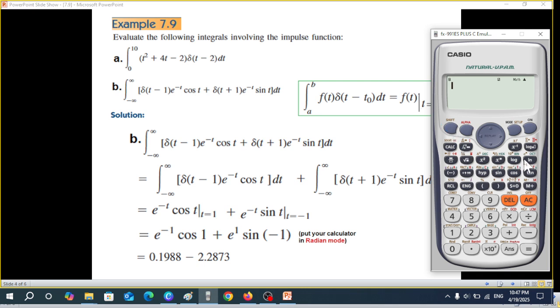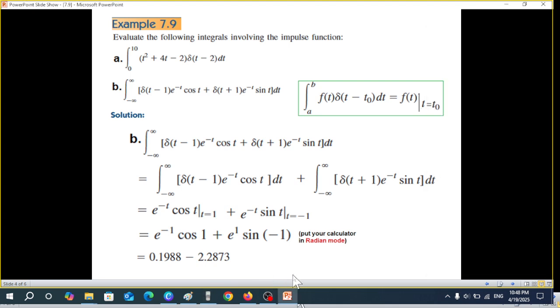Shift e, remember this is +1, move ahead, sine -1, equal sign, that is -2.287. So this is the value, and then we can add. This is the answer for part B.